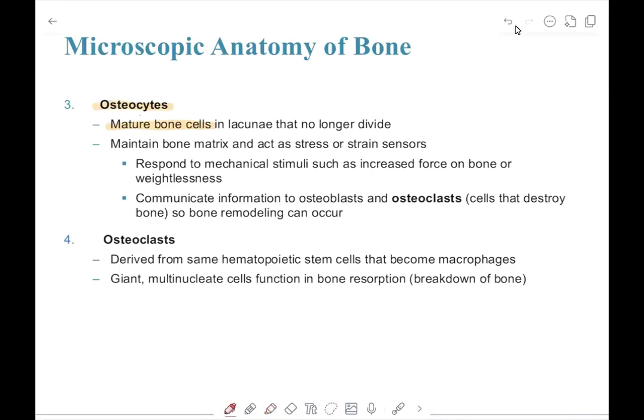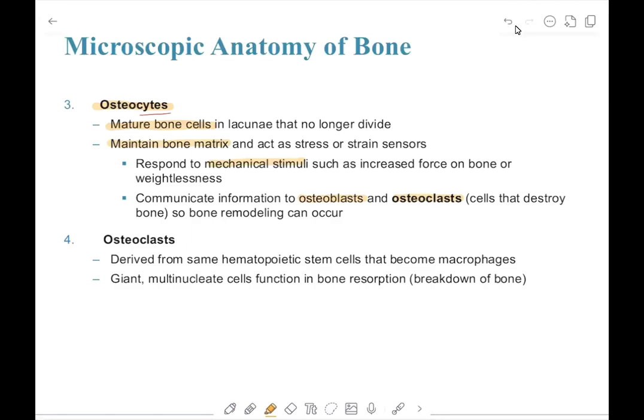Remember, when they end with cyte, C-Y-T-E, that means they are mature bone cells. So they are responsible for maintaining the bone matrix. They respond to mechanical stimuli, like increased force on bone, and they communicate information to both osteoblasts and osteoclasts, which we're going to look at next.